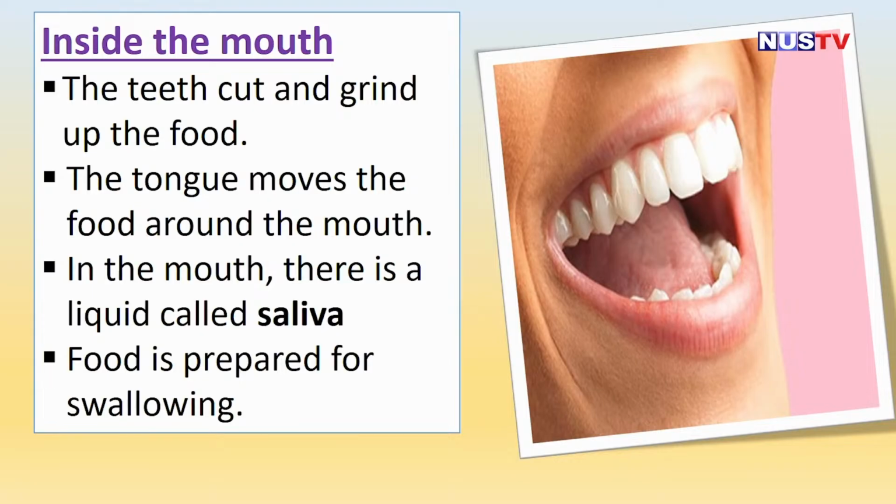And then you can see the tongue. The tongue moves the food around the mouth. And finally, you can see the liquid flowing inside the mouth, and it is called saliva. It helps food to be prepared for swallowing.